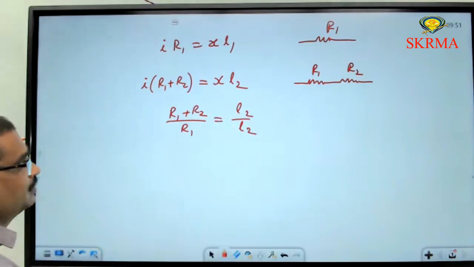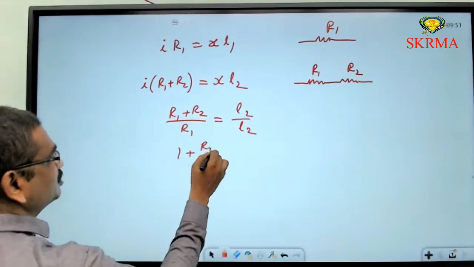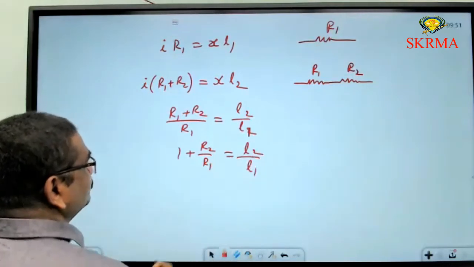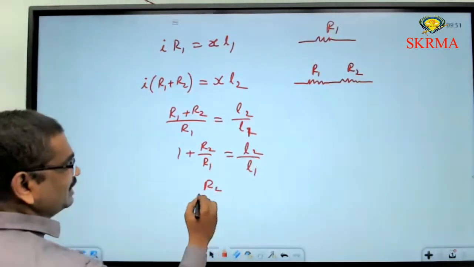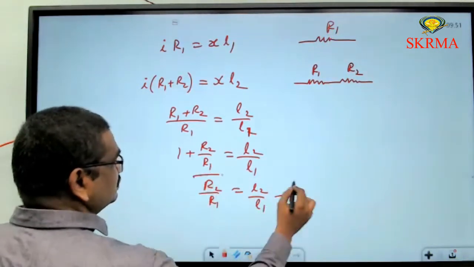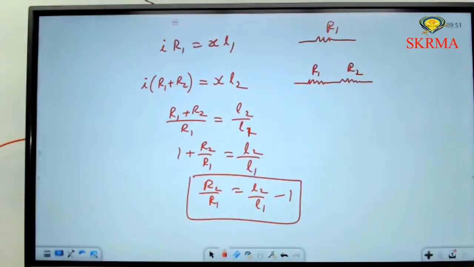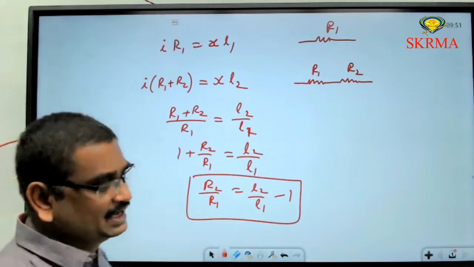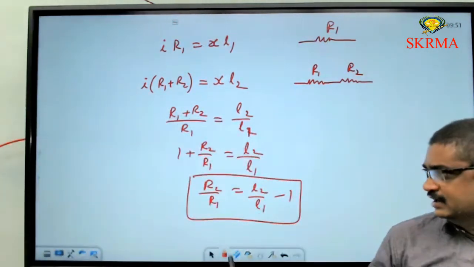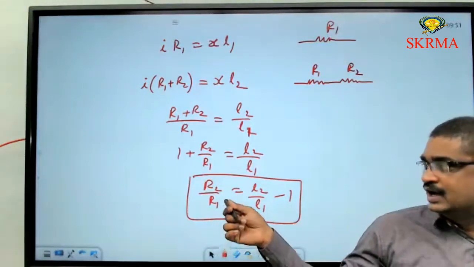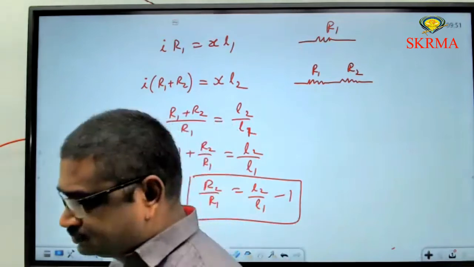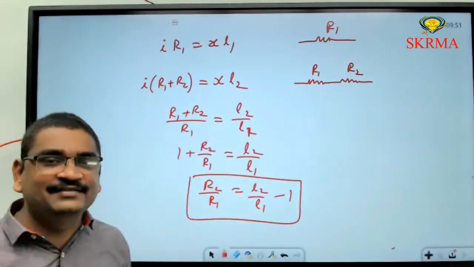So 1 plus R2 by R1 equal to L2 by L1. Now R2 by R1 can be written as L2 by L1 minus 1. This is the ratio of two resistors. So only this is the formula in the third case. First case two formulas, second case two formulas, last case only one formula: R2 by R1 equal to L2 by L1 minus 1. With these formulas you can solve easily.